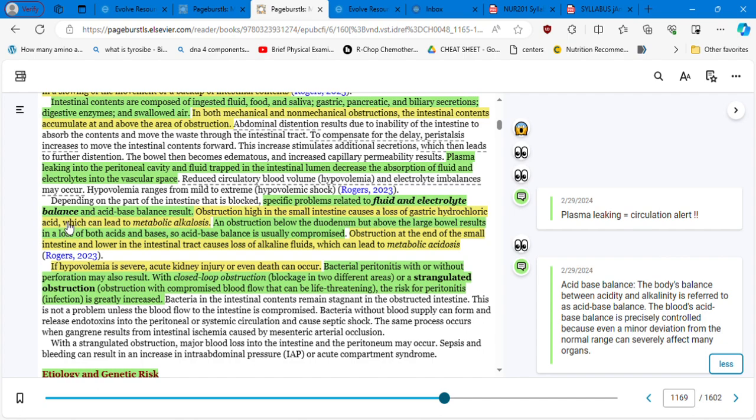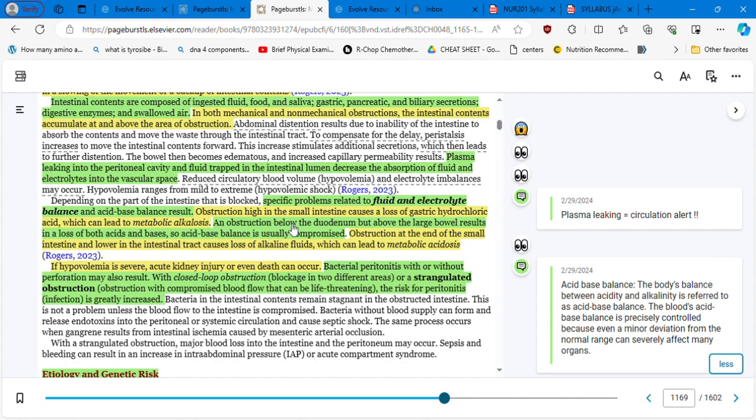So the content is coming from the stomach with hydrochloric acid, right? And this obstruction is going to cause a loss of that acid from the stomach. And that is going to lead to metabolic alkalosis because the small intestine itself is towards the alkaline side, okay?